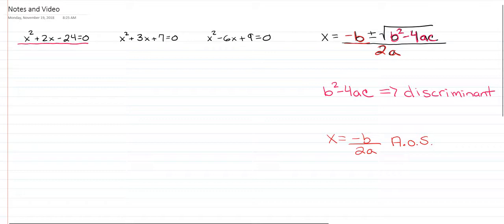So b squared. Here, we'll do 2 squared, then minus 4, a is 1, and then c is negative 24.